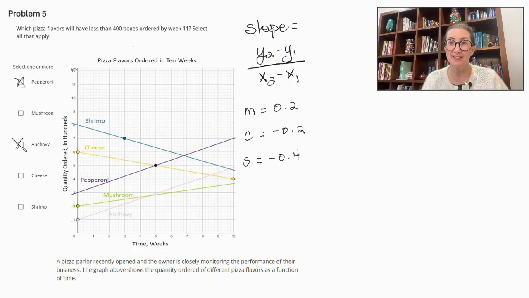To calculate week 11 and find out whether the quantity is over or under 400, then we need to use this formula. Y11, week 11, equals Y10 plus slope.